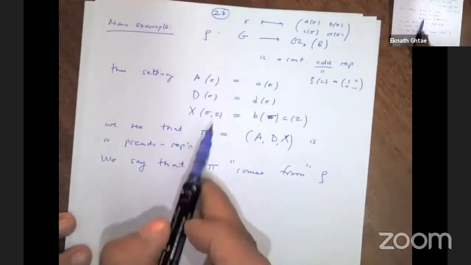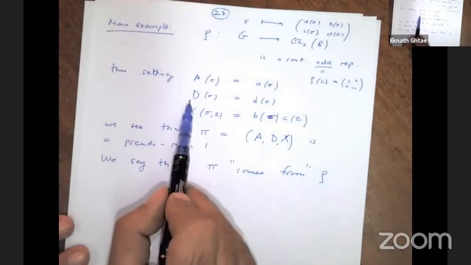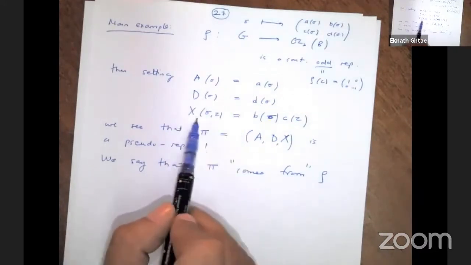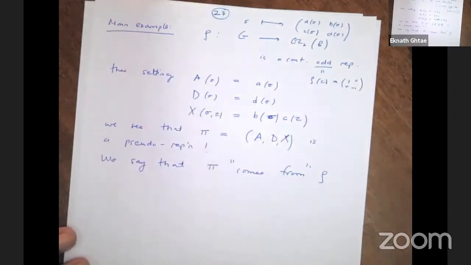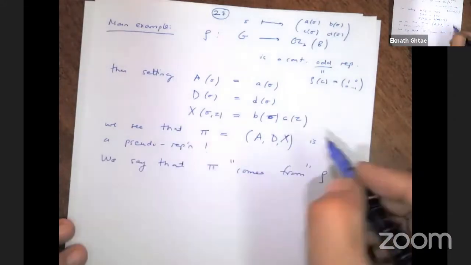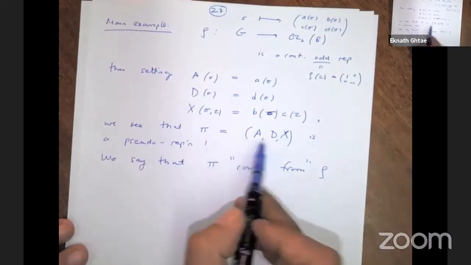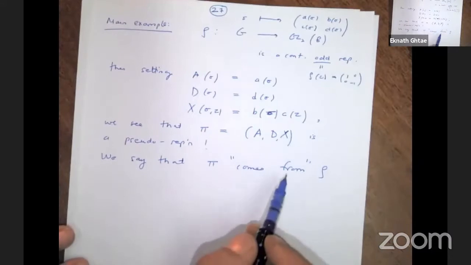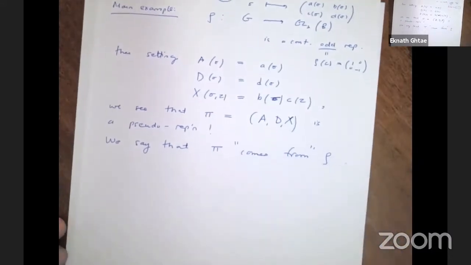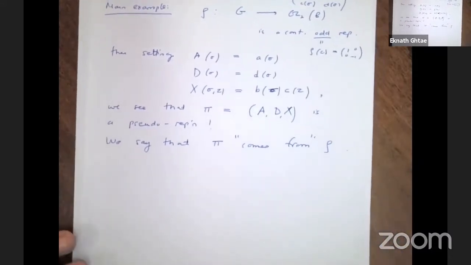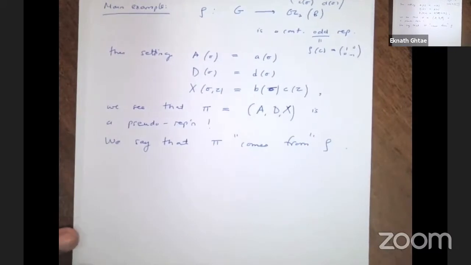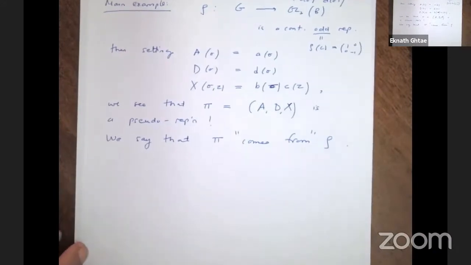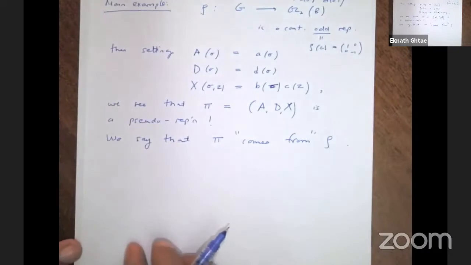So what I said was that if you let capital A be the top left corner, capital D be the bottom right corner, and capital X be this formula, B of sigma, C of tau, then this triple A, D, X of functions is indeed a pseudo representation. And we say that pi comes from rho. Okay? So this is the main example of a pseudo representation. It's not at all clear that every pseudo representation comes from a usual representation, but we will prove a small lemma in a second, which shows that that is also true.